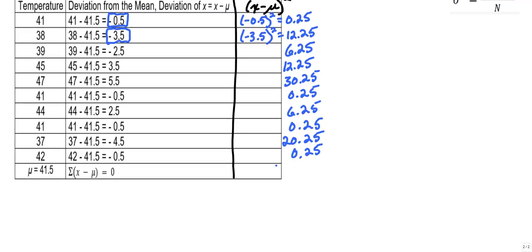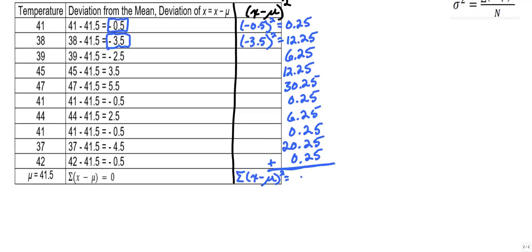Now that I've calculated all these, I want to add all of these values together. That's going to represent the value that we had talked about in the formula. And this will add up to 88.5.